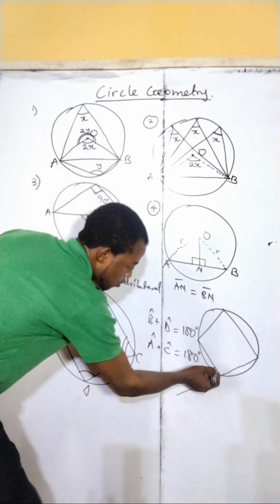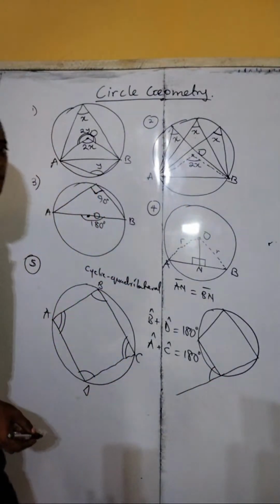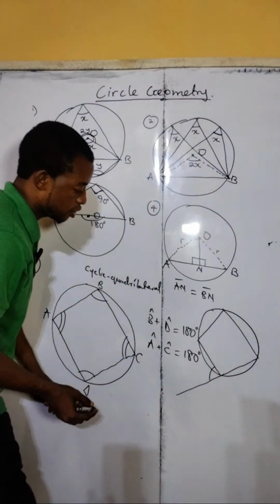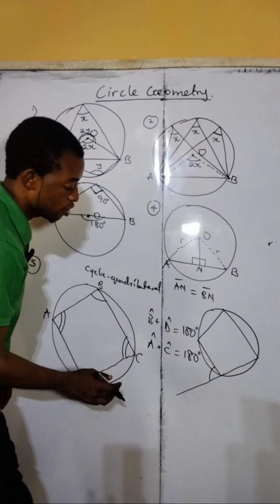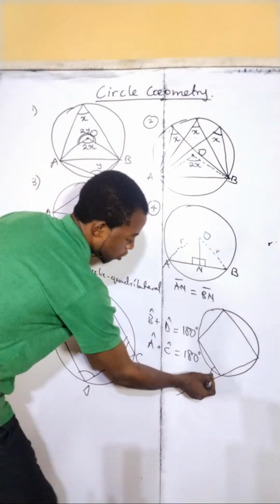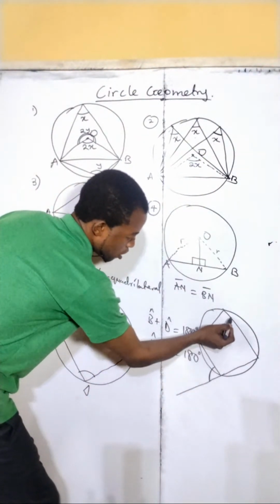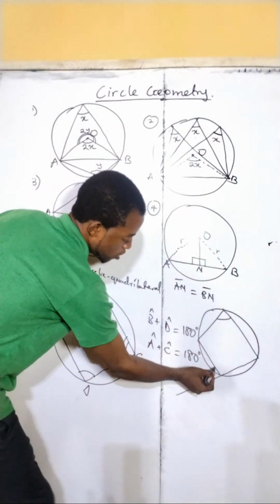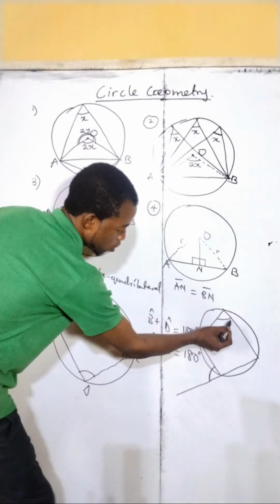We call this angle here the exterior angle, and the exterior angle of a cyclic quadrilateral is equal to the opposite interior angle. Now, the opposite interior angle is this angle here. So this angle, which is exterior, is equal to this opposite interior angle.